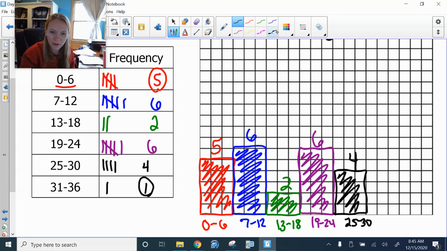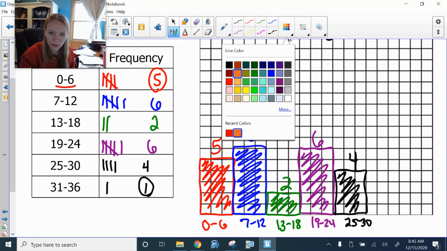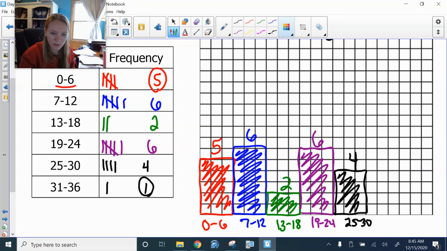And I need one more color here. How about orange? That'll work. From 31 to 36, we only had 1. There. So that's all a histogram is. It's just a bar chart.